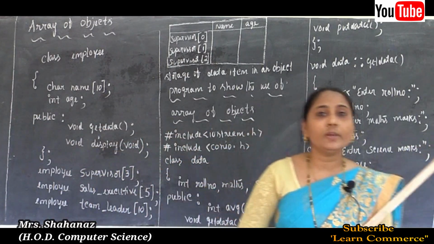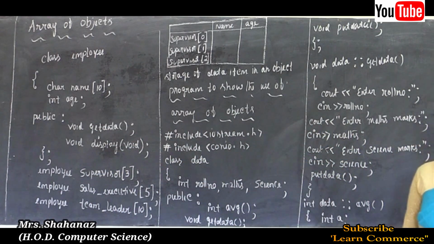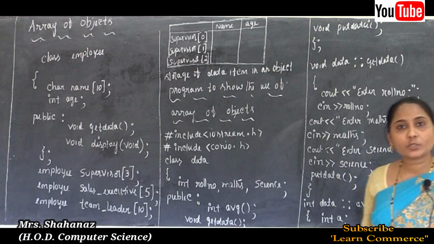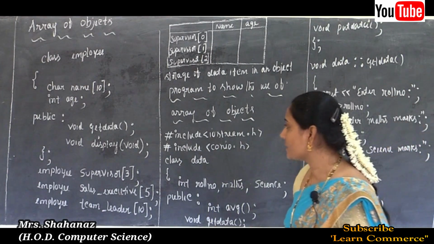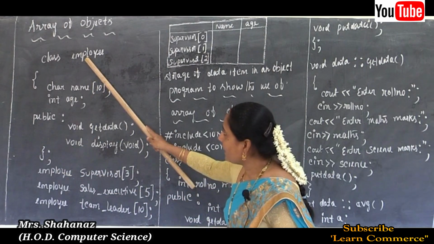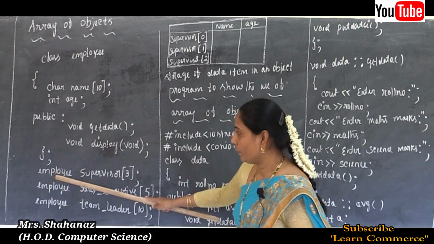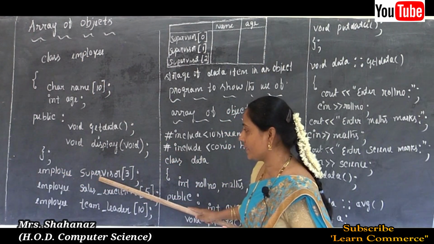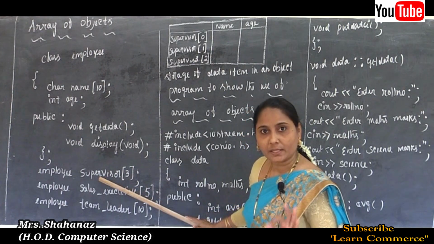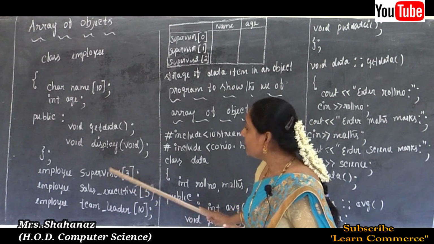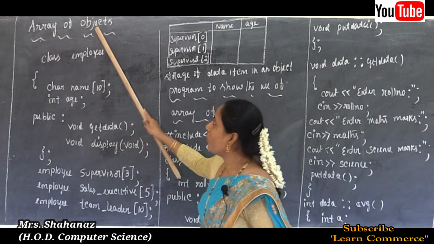So far we declared just the object of the class, maybe the class name is employee, and just a supervisor object, a single class object here, but this one is the array of objects.